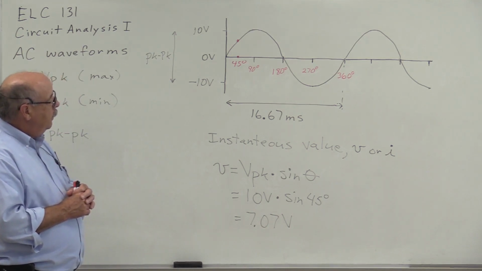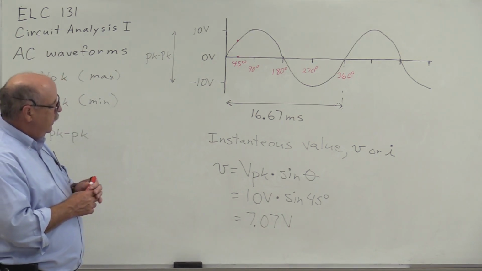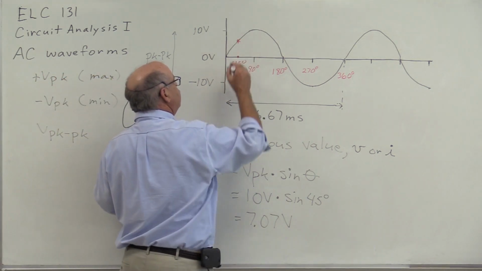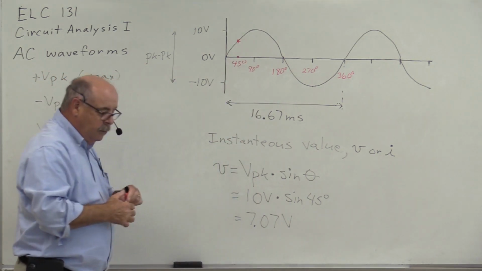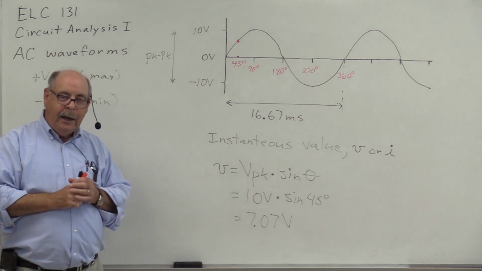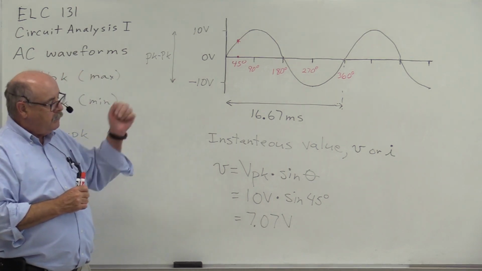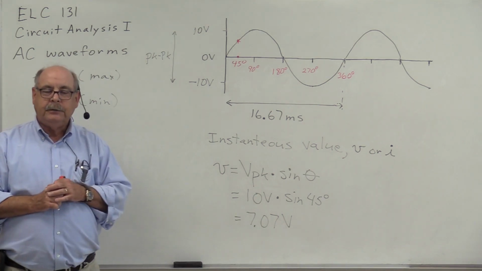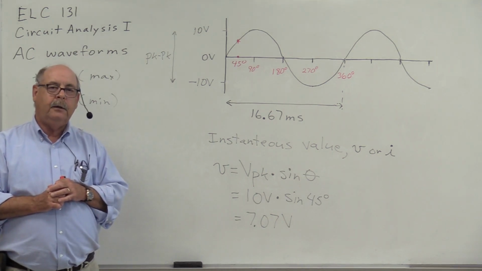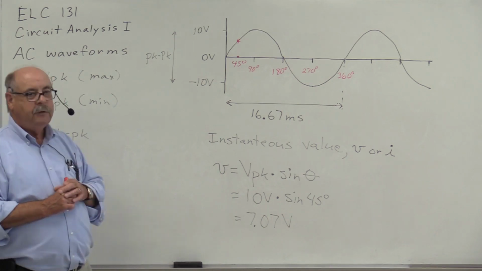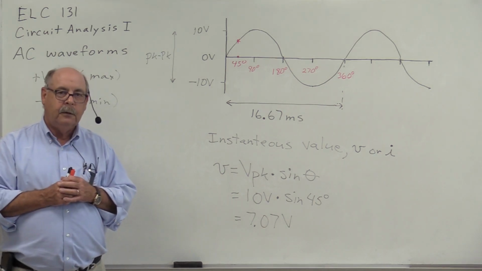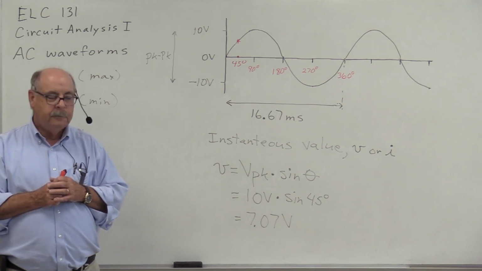Now, we just looked at calculating the voltage at an instant in time given an angular distance through one cycle. But wouldn't it be nice if we could calculate the instantaneous voltage at a time value through one cycle?